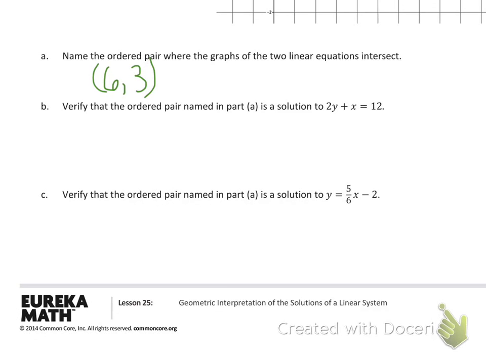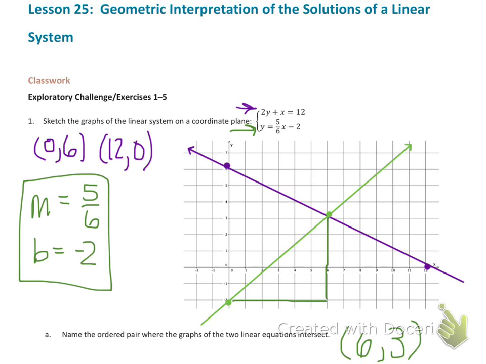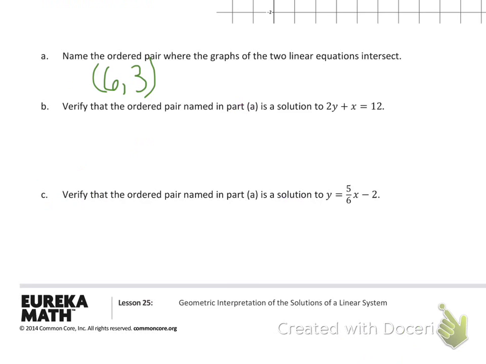Part B says, verify that the ordered pair is a solution to 2y plus x equals 12. Remember, that was our first equation right here. 2y plus x is 12. So we're going to show that this ordered pair is a solution there. I'm going to substitute 3 for y.